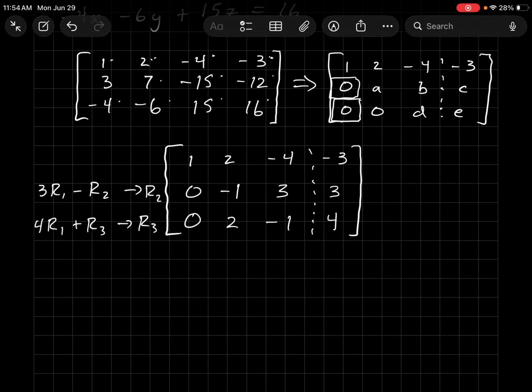I now want to get a 0 in row 3, column 2, using row 2 and row 3. So I'm going to rewrite both row 1 and row 2. That is my old row 1, is still my new row 1, and my new row 2.